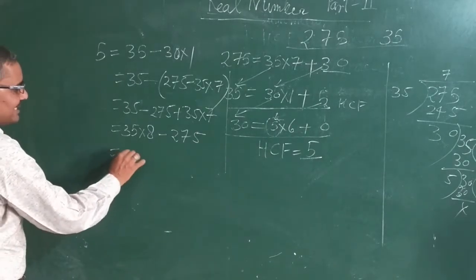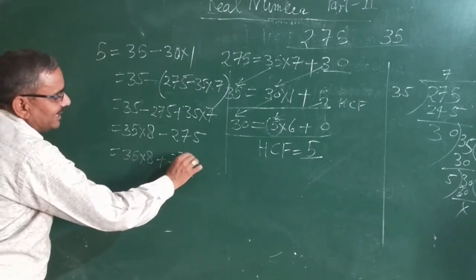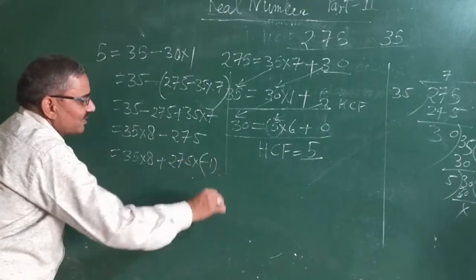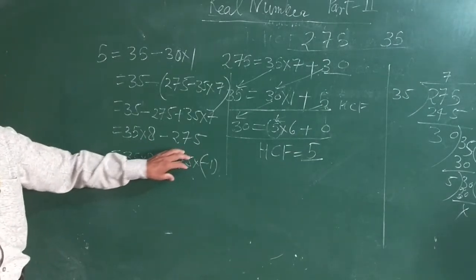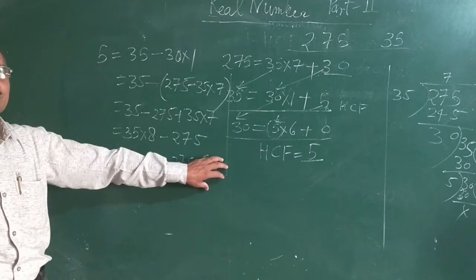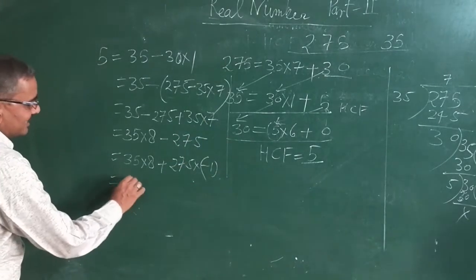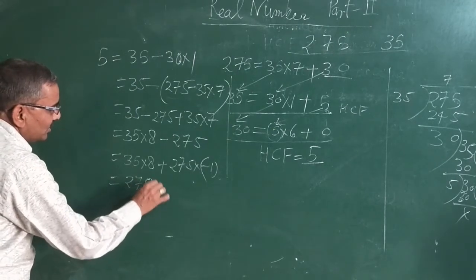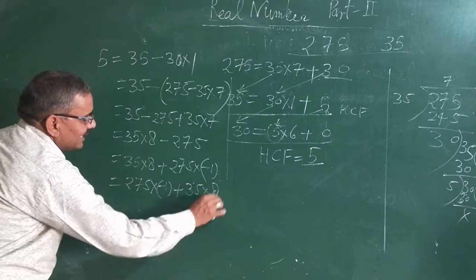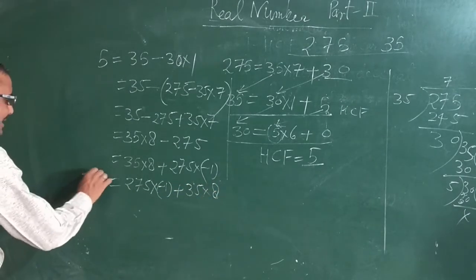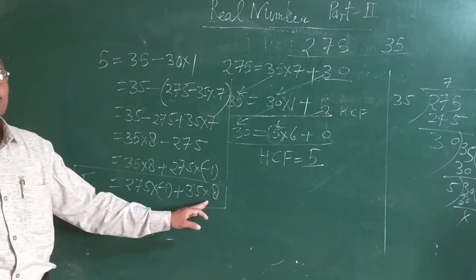This can also be written as 35 into 8 plus 275 into -1, because our aim is to write the given number with a positive coefficient and the other in negative if required. So this can be arranged as 275 into -1 plus 35 into 8. This is known as the linear combination of HCF with the given numbers.